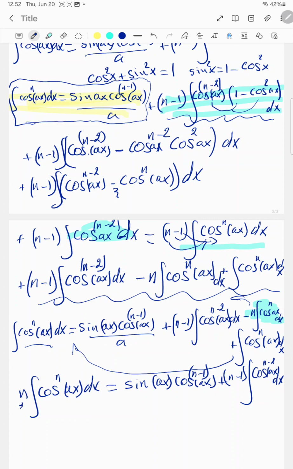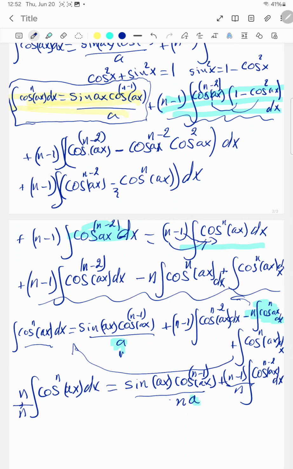But I do have that n that's bothering me, because at the beginning of my equation I did not have that n, so I divide here by n, and I have to divide here by n. And sorry, I forgot to copy the a here. So the a is here, and I divided by n everywhere.